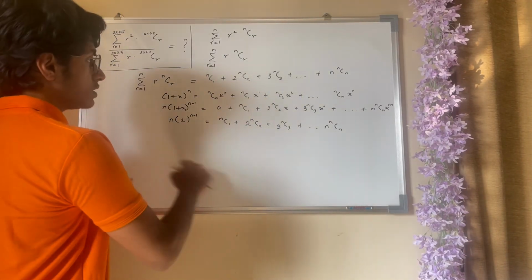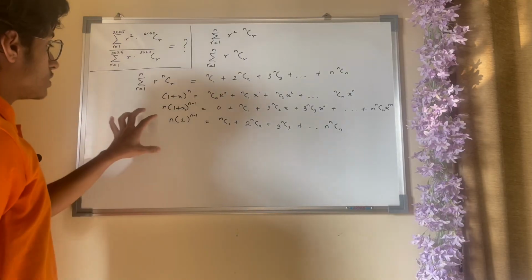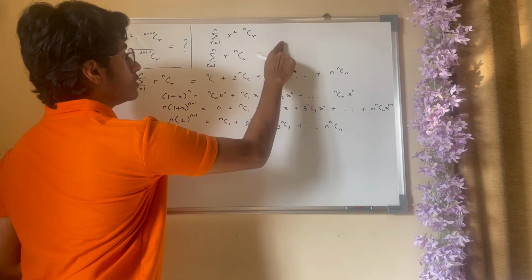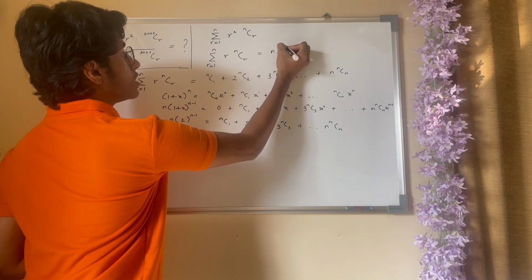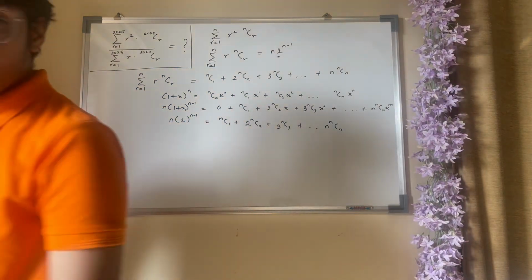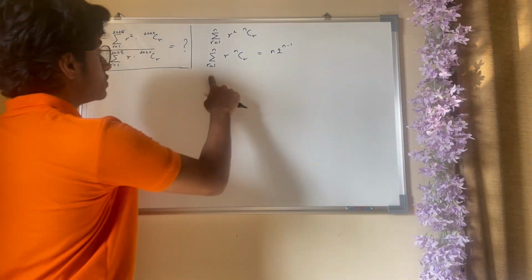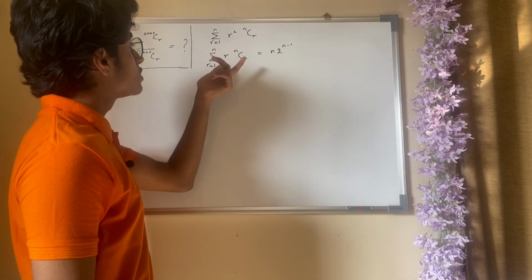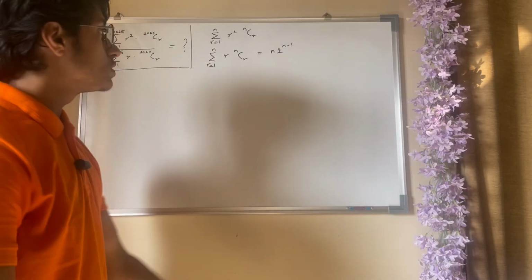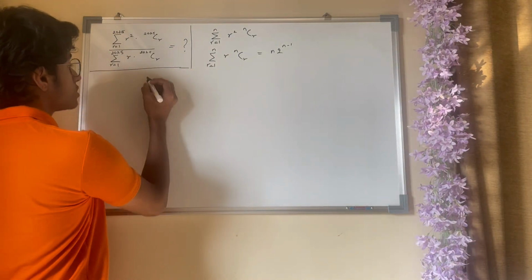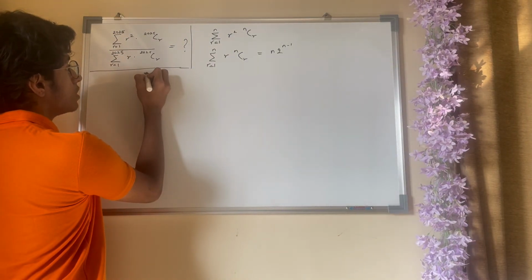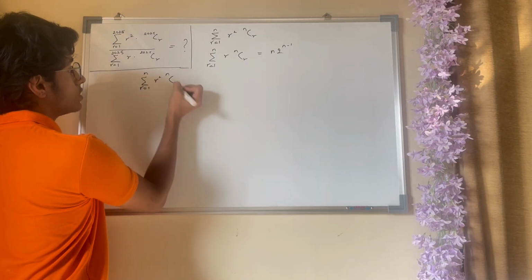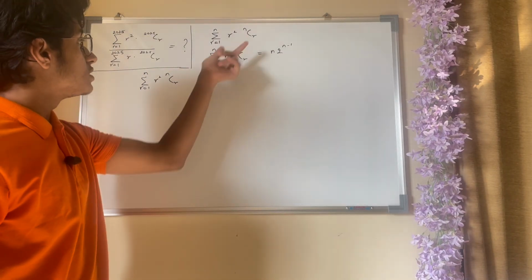So I will erase this and write this directly as n into 2 power n minus 1. Now that we know the value of this, we will try making the numerator, sigma r equal to 1 to n of r square into nCr, in this format.